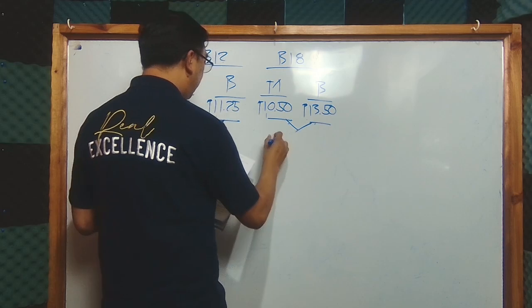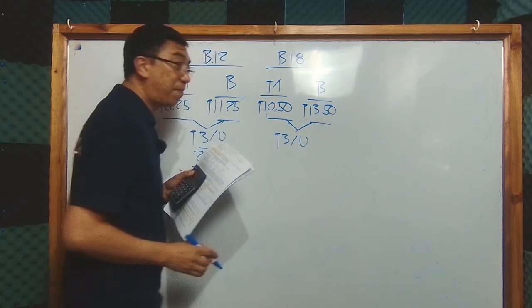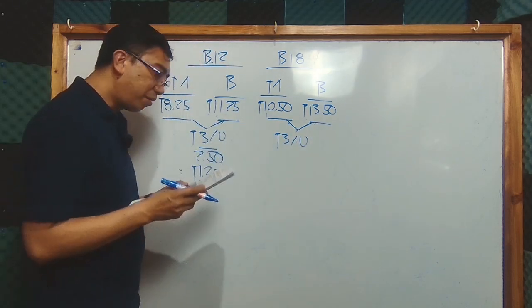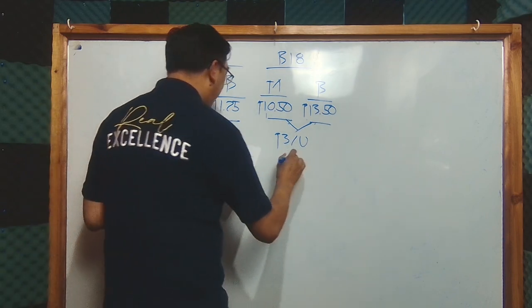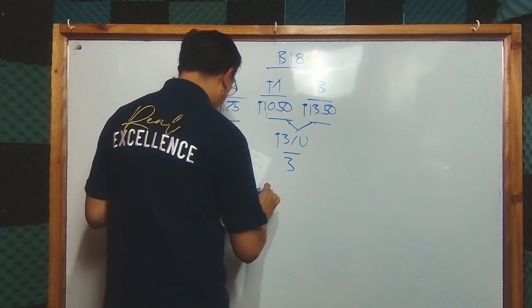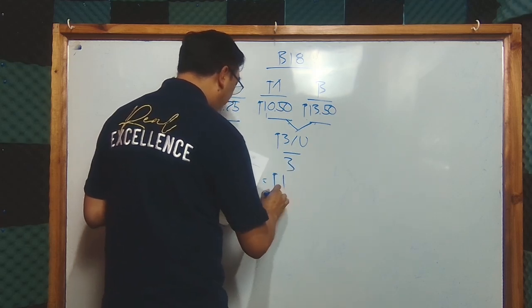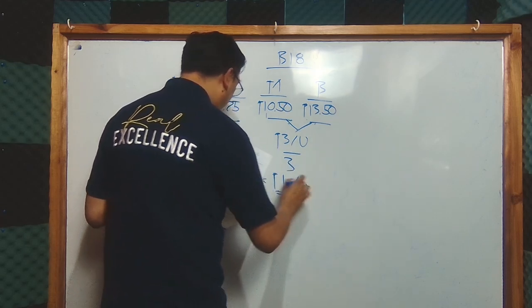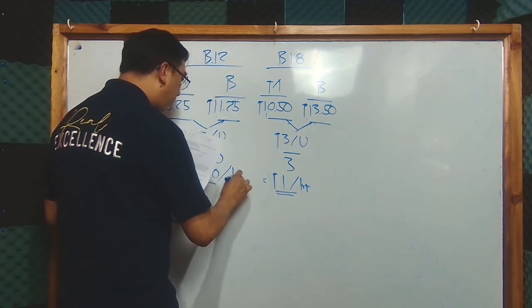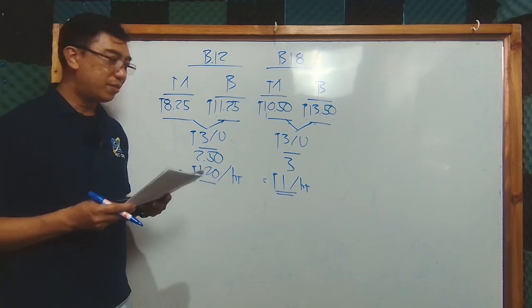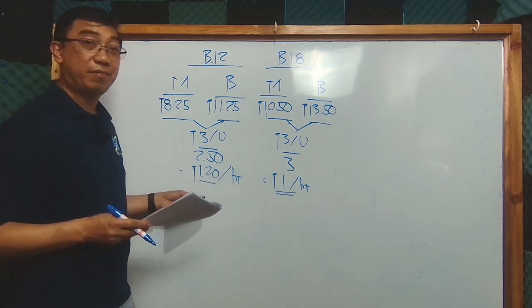Difference between the two, still 3 pesos per unit pa rin. Klase ba? Parang pareho lang. Okay? Pero, it will take you how many hours to produce? 3 oras. So, 3 hours. So, will give us 1 peso per hour. 1.20 per hour opportunity cost per hour. So, ano dapat ang priority natin? Dapat B12, di ba? Ayan.